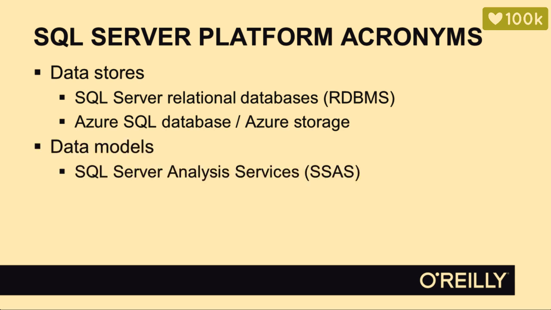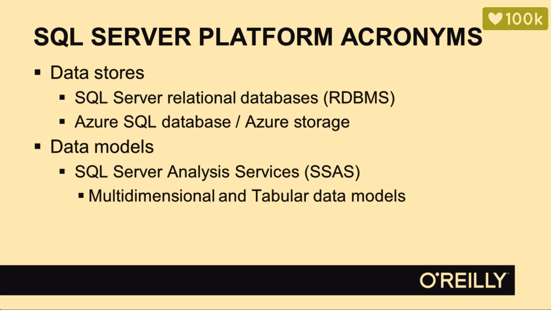Then there's data models. Data models are built using a product that's built into SQL Server called SQL Server Analysis Services. You will see the acronym all over the place, SSAS. Now, when we want to start to construct data models with a more targeted purpose, these usually are to provide very fast, efficient business intelligence. And so we design these data models to live in memory, to have a different structure than our standard relational database management system.